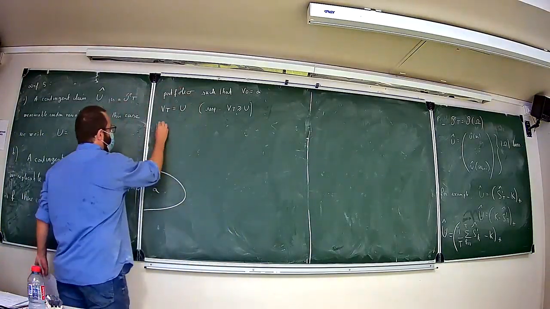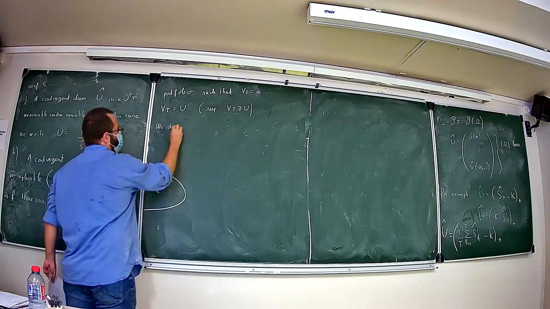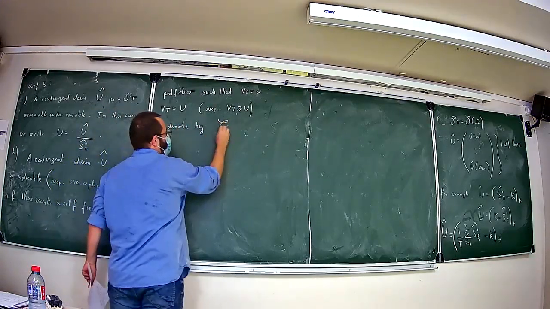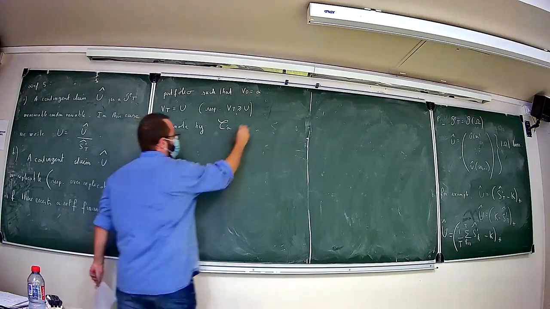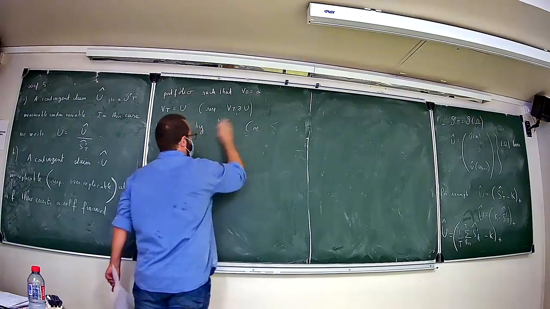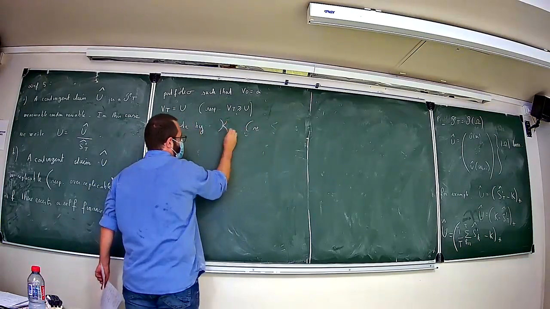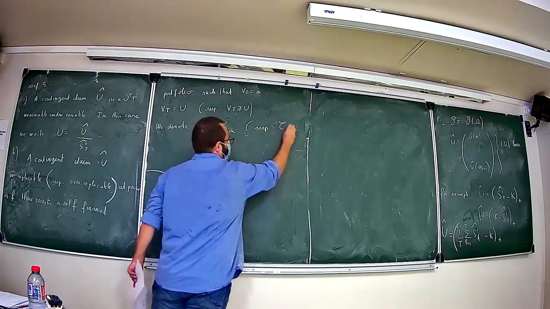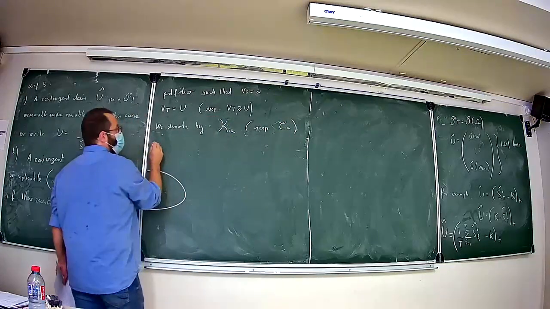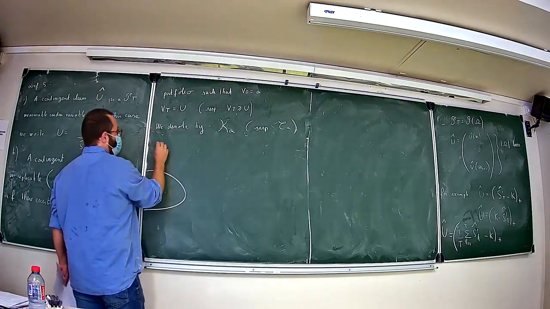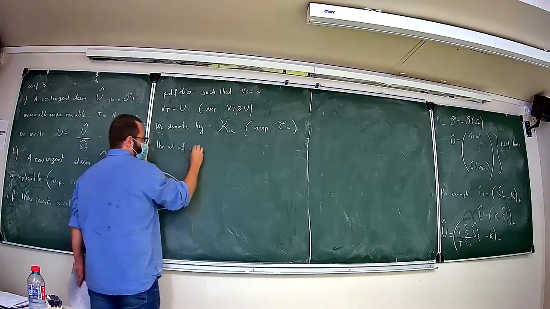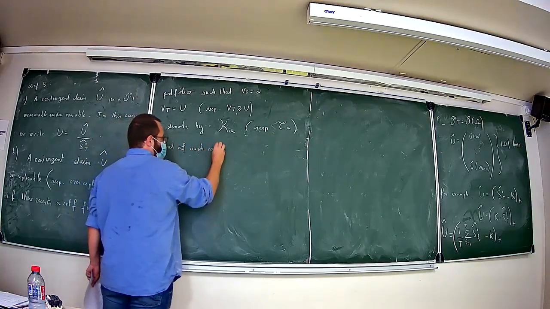And I said that we denote by calligraphic K of a, respectively C of a, the set of such contingent claims.